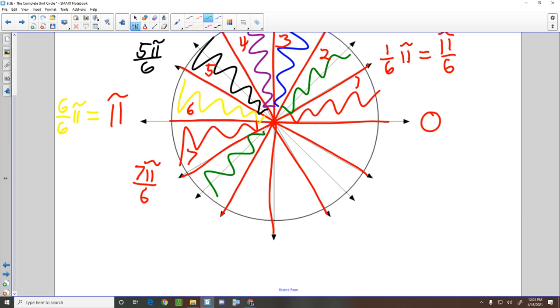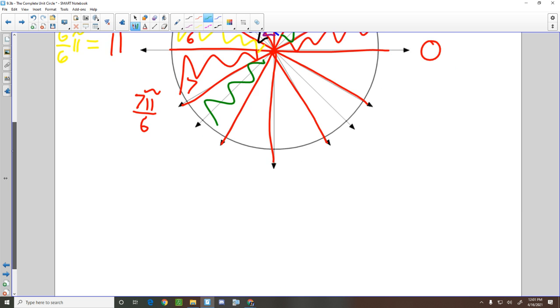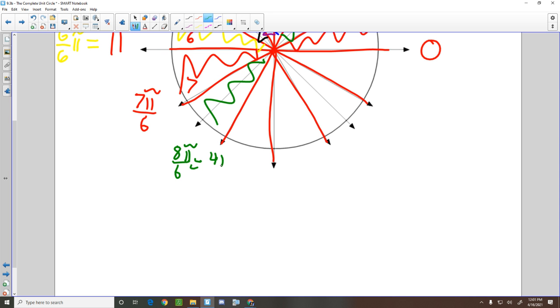Add one more. And we're going to have 8 pi over 6. We can simplify that fraction to 4/3. So that's 4 pi over 3.